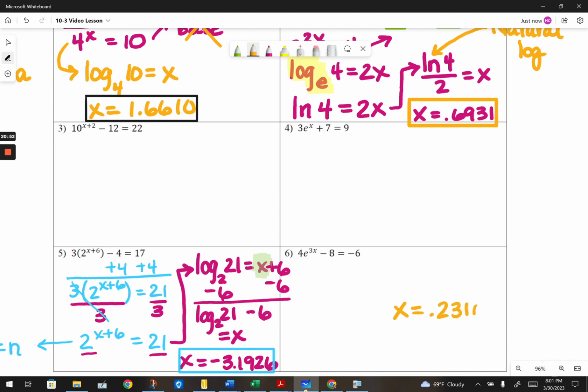So my hope is that you will work out number 6 just before closing out your notes and try to end up with x equals negative 0.2310. I even said it, but I forgot to write it.